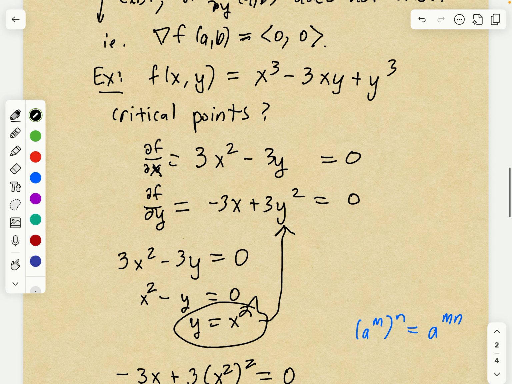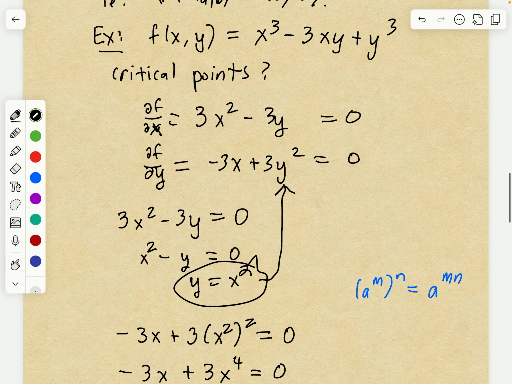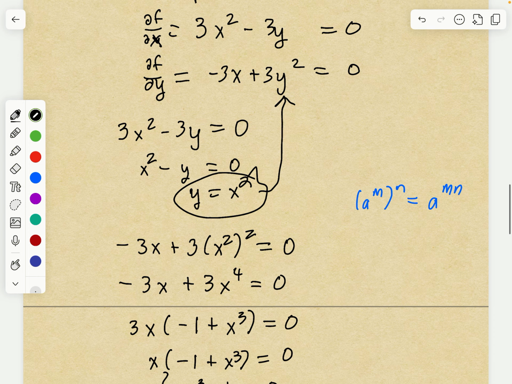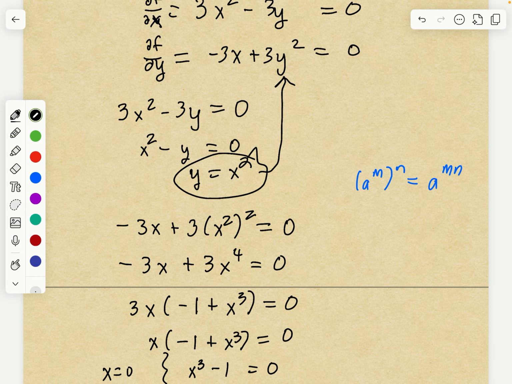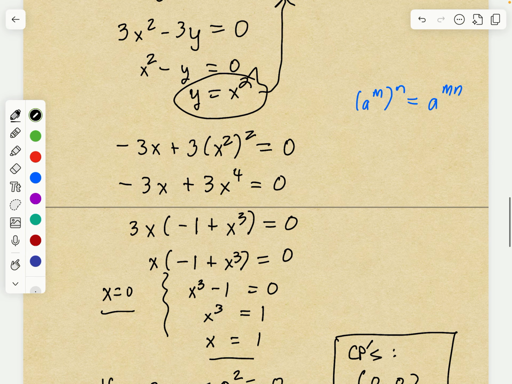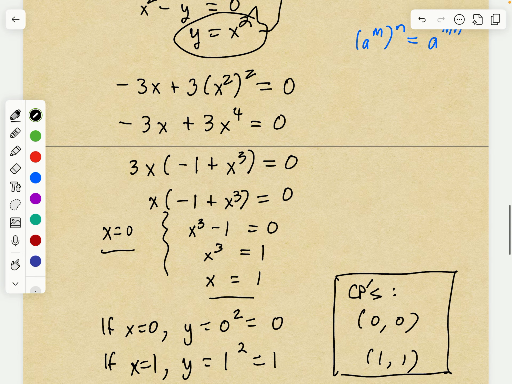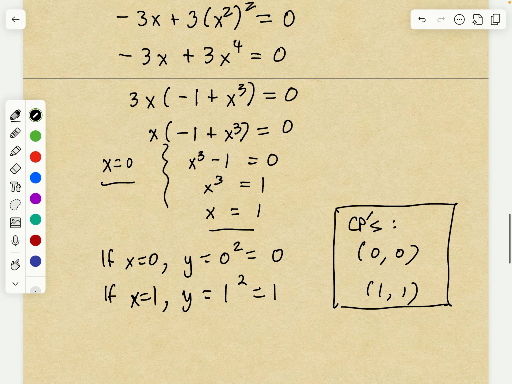So let's just review what we did. We found the partial derivatives, we set them equal to 0, and then you get two equations. The key is to work with one of the equations and simplify that. When we did that, we got y equals x squared. Then you substitute that into the second equation, and when you do that, you only get an equation with one variable. And once you get an equation with only one variable, you can solve for x using algebra.